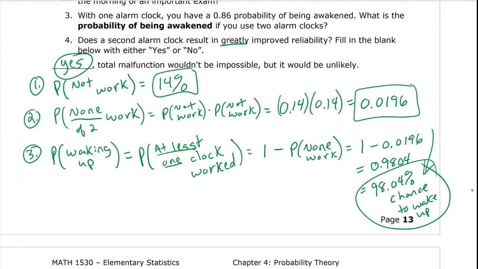It's just way lower. Like I said, now it's in the unlikely category, whereas before, you had a 14% chance. Now you have less than 2%, 1.96%. So anyway, try those problems on your own, and then we'll look at the next little section of conditional probability in the next video.